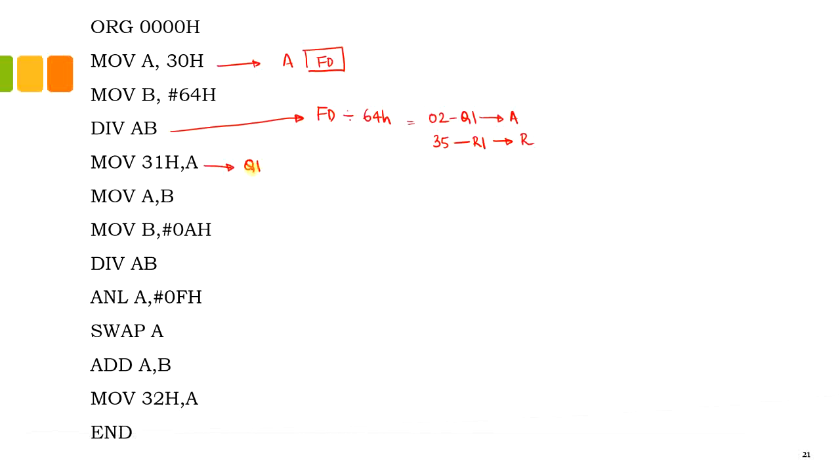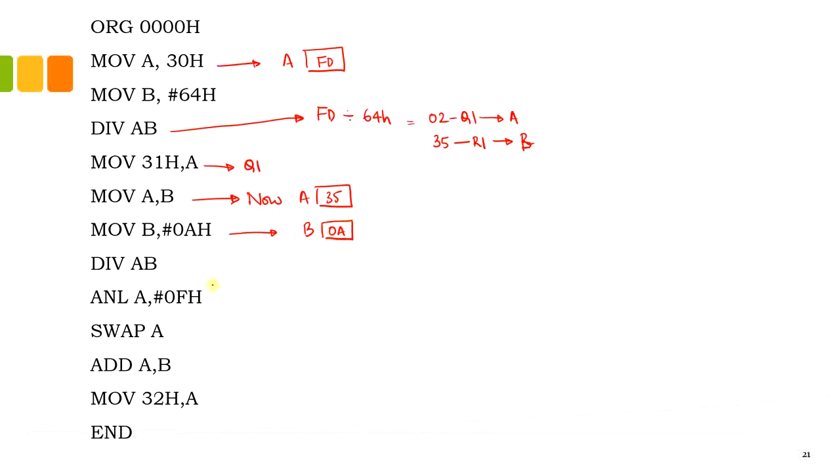Then we have to divide this remainder again by 0AH. So we have to move this from B register to A. The B register, which was having 35, now this 35 will be moved to the accumulator, and B register will be having the divisor 0A.